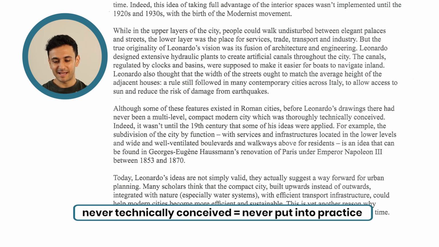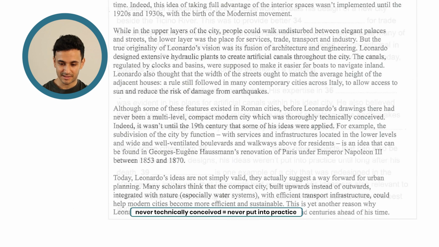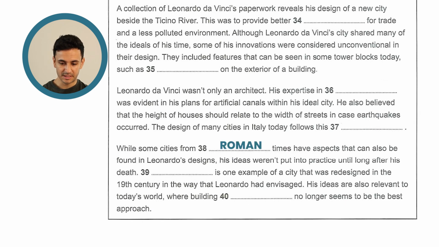So if it was never technically conceived, it means that it was never put into action, or never put into practice. So this is my answer here, Roman cities, and the keywords were cities and conceived. The word technically conceived, which means put into practice, and features, which was also a synonym of aspect. There we go, Roman times.